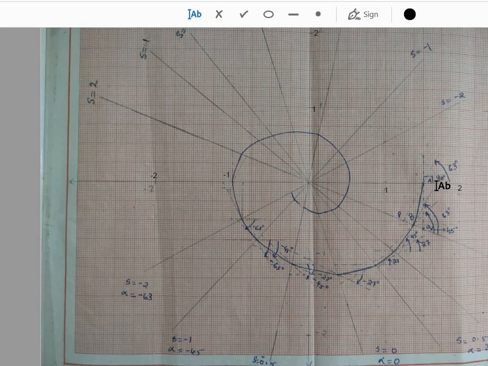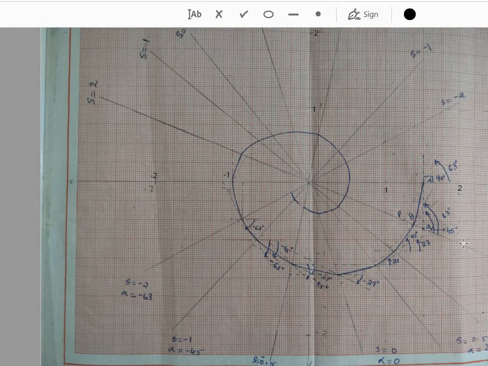So plot that angle with respect to this point, mark that angle 90 degree and extend that line to the next isoplane. Extend the angle line or angle marking to the next isoplane. Now take the next slope. Here this isoplane is at s is equal to 2.